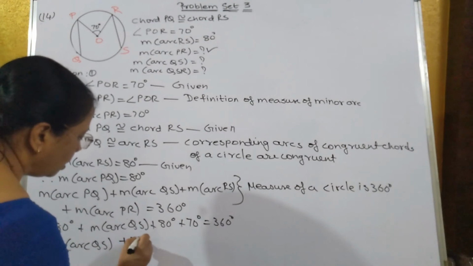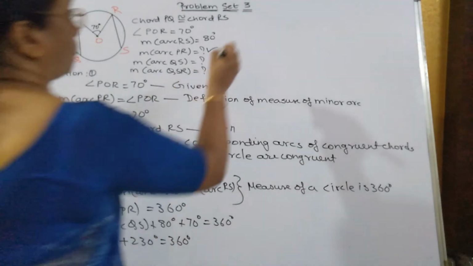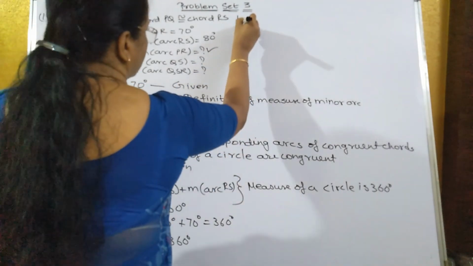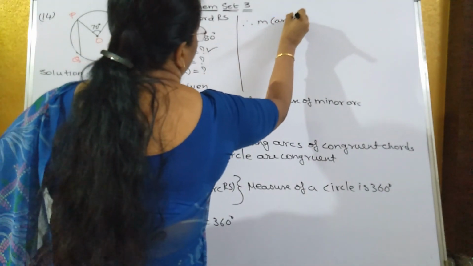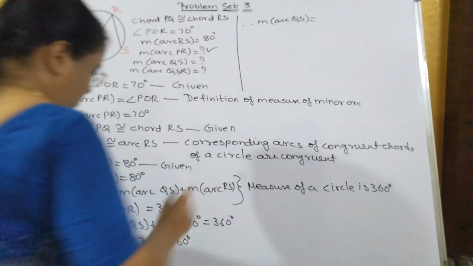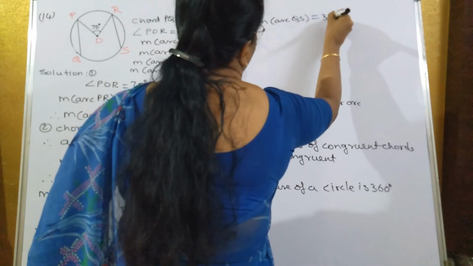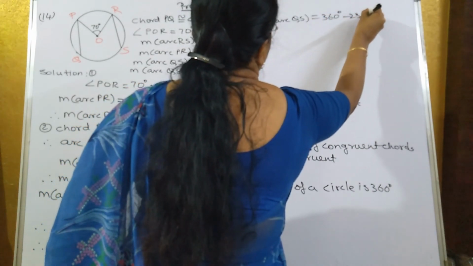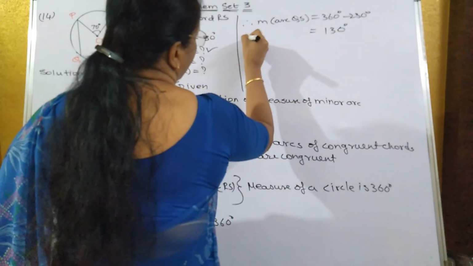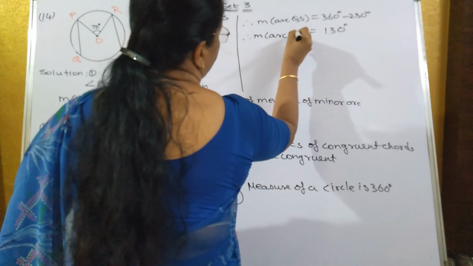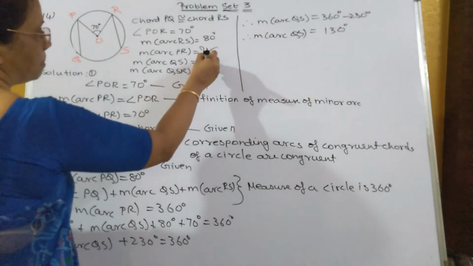Therefore, measure arc QS is equal to 360 degree minus 230 degree. So that is equal to how much? 130 degree. So we have got measure arc QS.